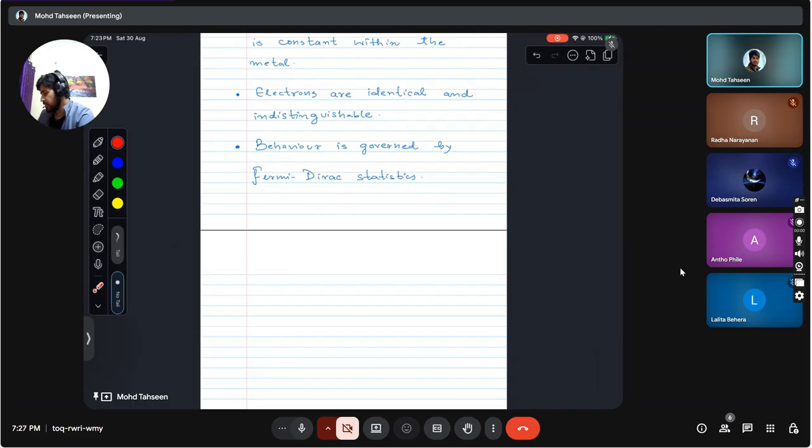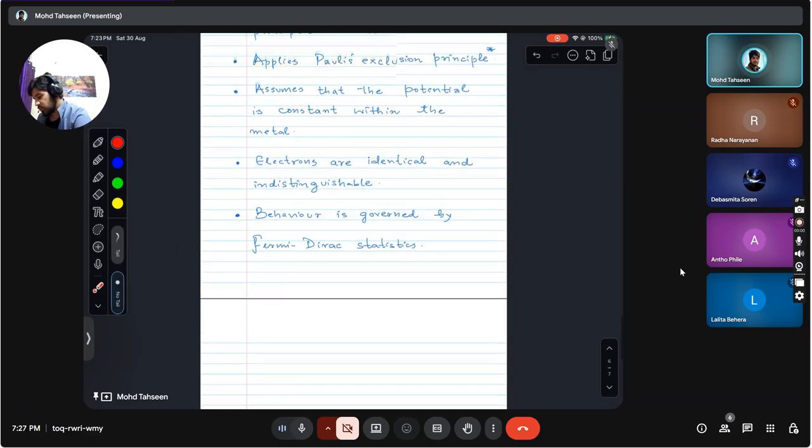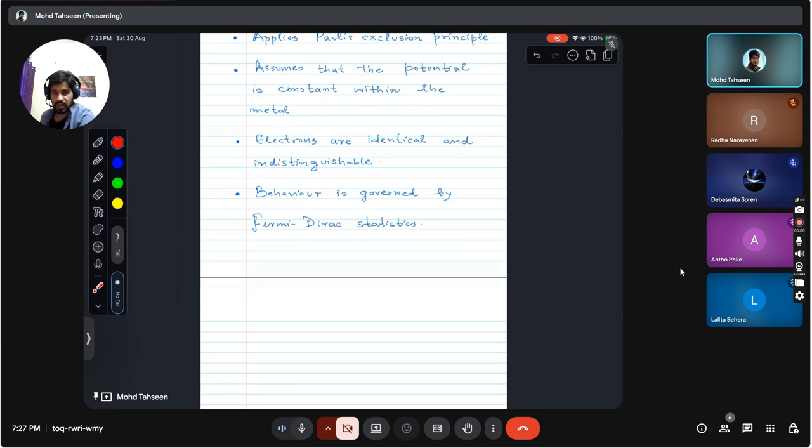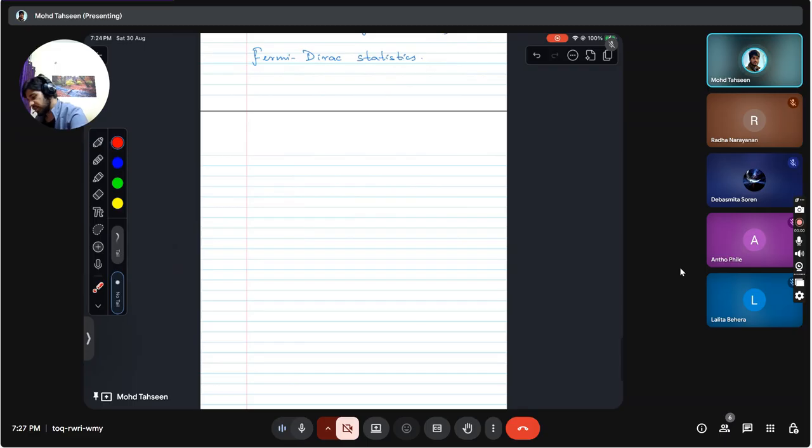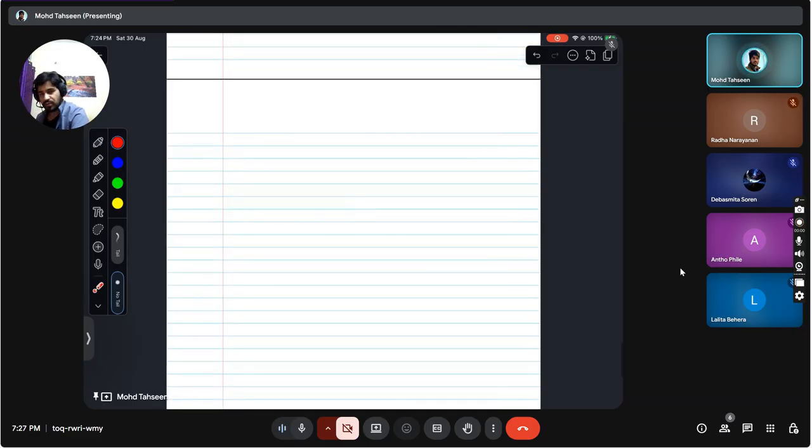So now the first thing that we should see is, how do these assumptions or axioms or suppositions affect the distribution of electrons, which is different from Maxwell-Boltzmann statistics?